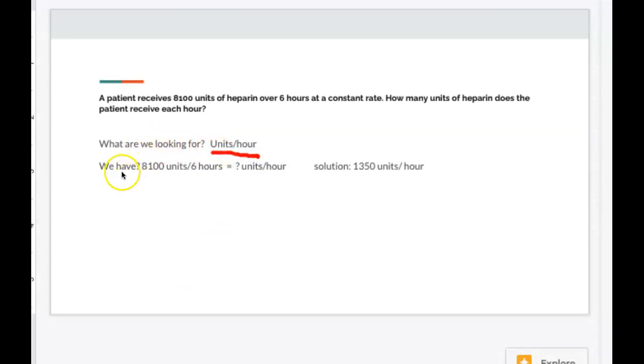And what do we have that's units? We have 8,100 units. And what do we have in hours? We have 6 hours. So units over hours, that's what we have. 6 goes into 8,100, 1,350, and there's your answer.